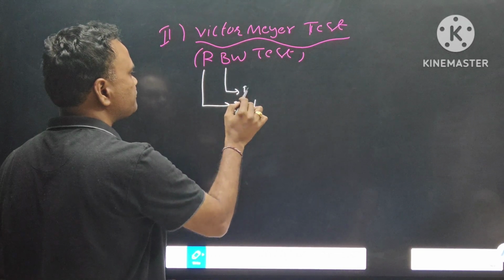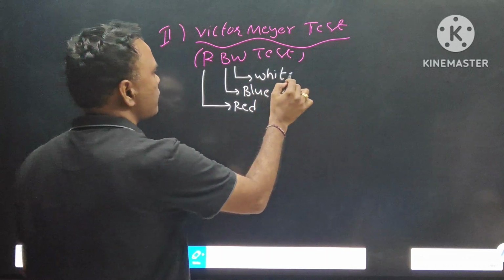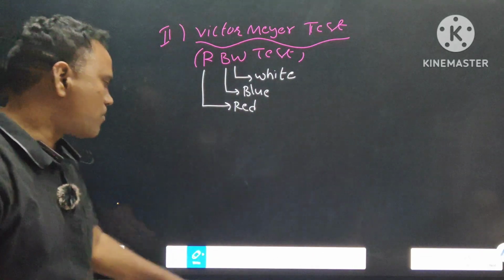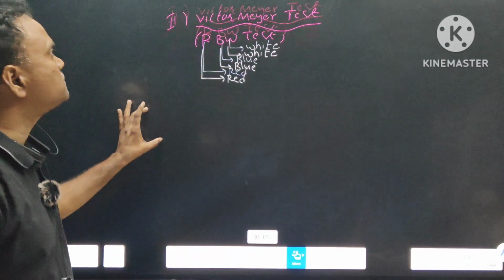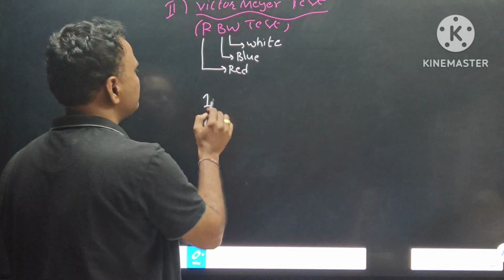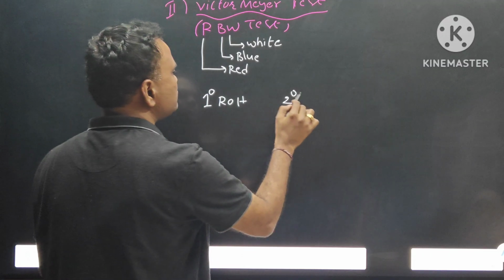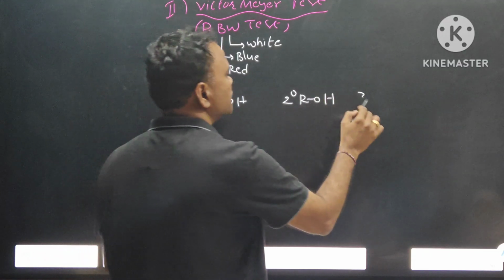RBW: red, blue, white. First of all, I will give the basic information: 1 degree alcohol, 2 degree alcohol and 3 degree alcohol.